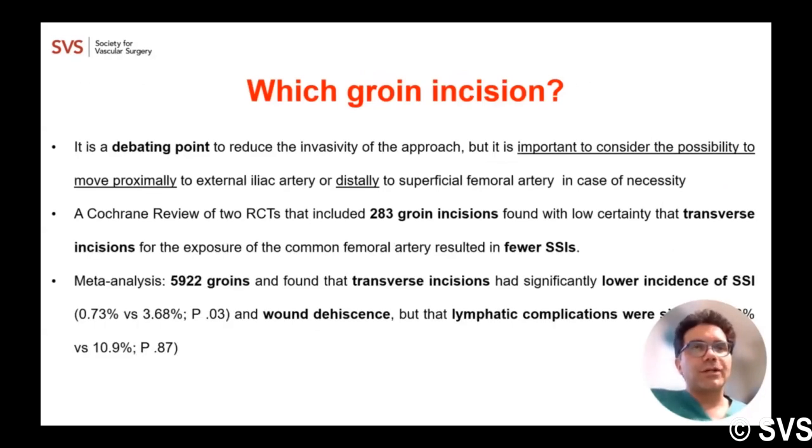Then the groin incision, because the most important peripheral treatment approach is based on the groin incision for the distal bypasses, but also for the hybrid treatments.